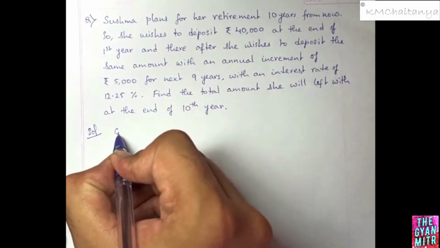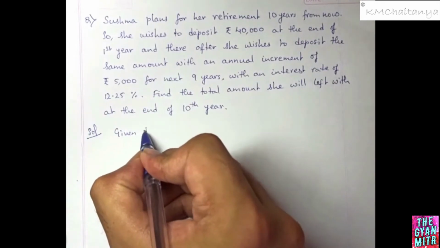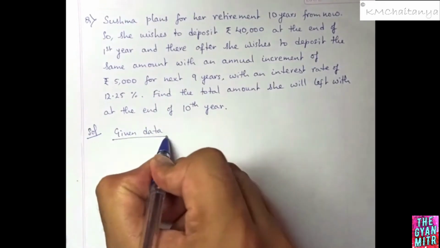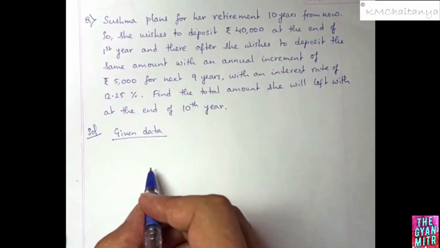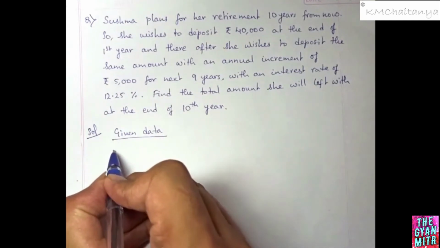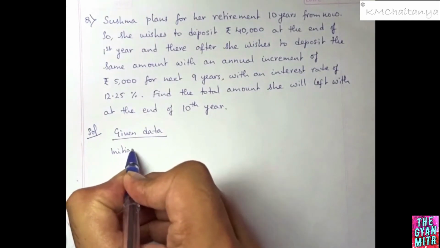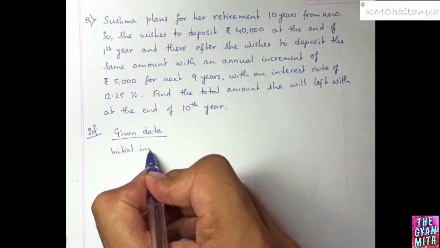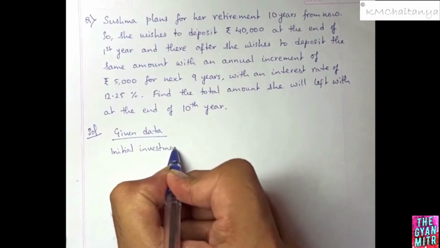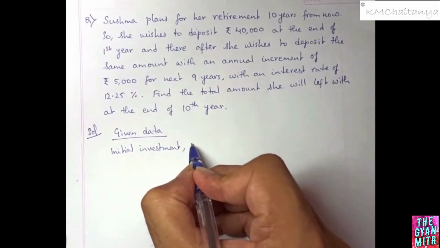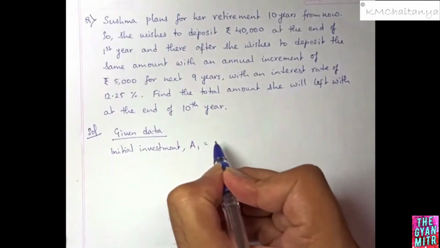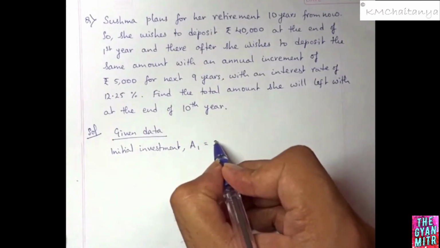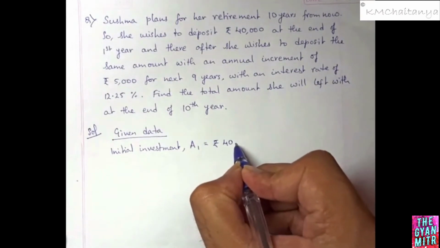So given data, initial investment, that is A1, is equal to rupees 40,000.